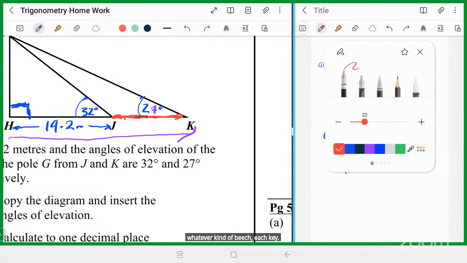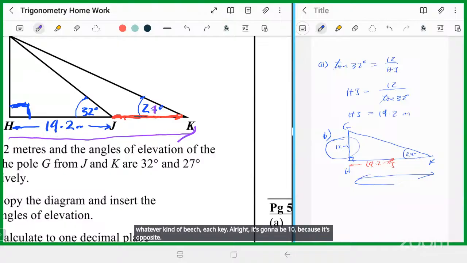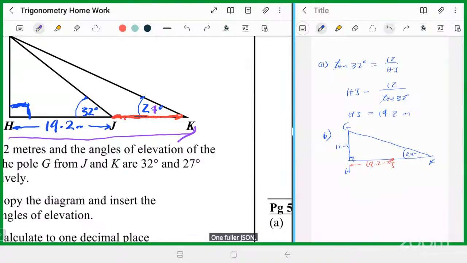Alright, so it's going to be tan because it is opposite and we want the full adjacent. So I'm going to say the tan of 27 degrees equals the opposite side of 12 over the adjacent HK. To make HK the subject, we're going to take the HK, multiply it up here, tan of 27, divide it under here.